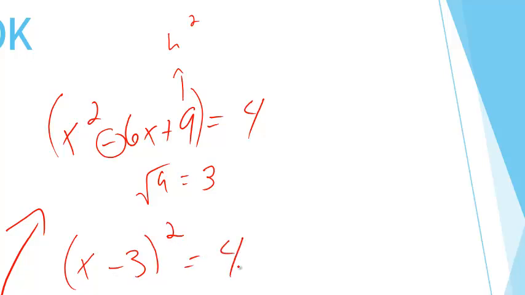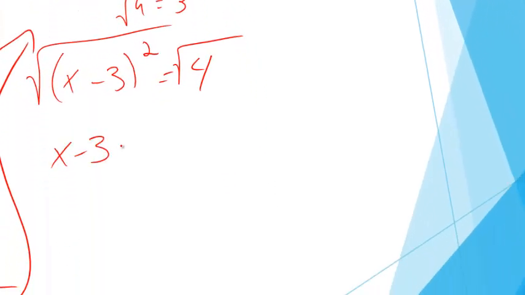Now we can solve for x, and we do that by taking the square root of x minus 3 squared. So square root both sides. So that's going to be x minus 3 equals plus or minus 2. So now x minus 3 equals 2, as well as x minus 3 equals negative 2.